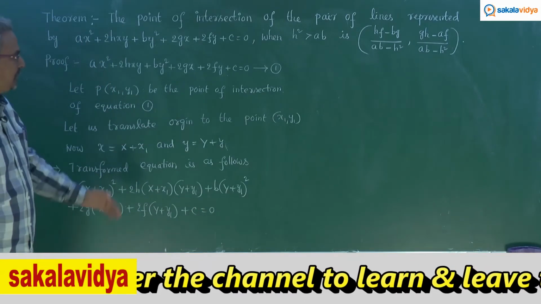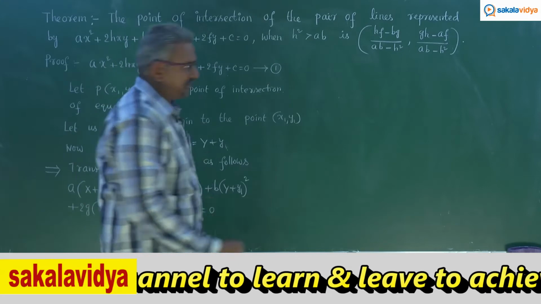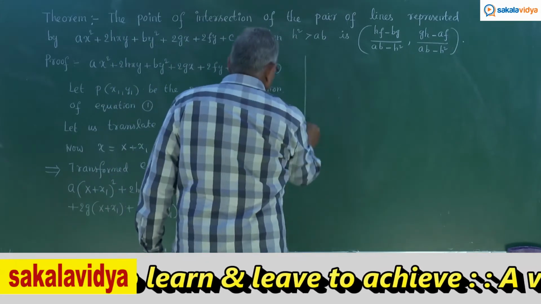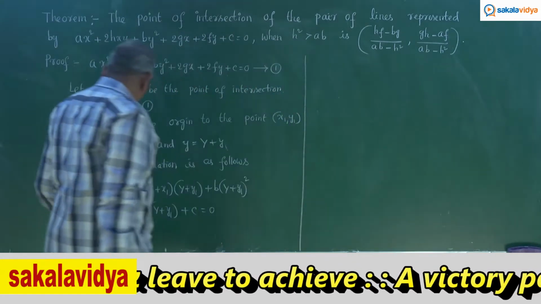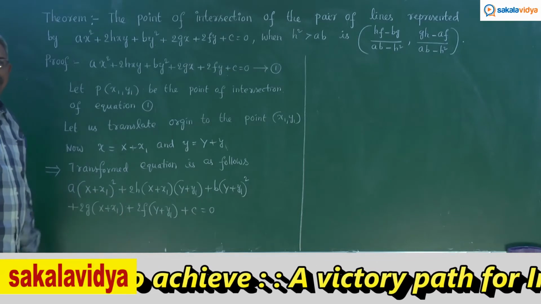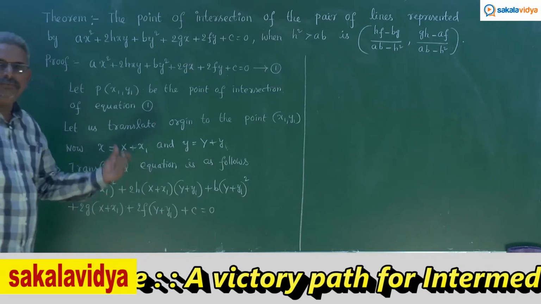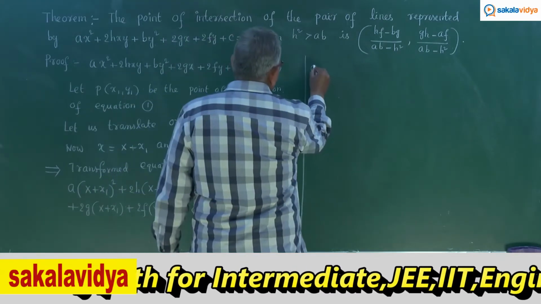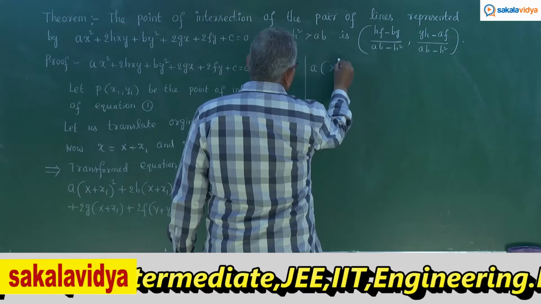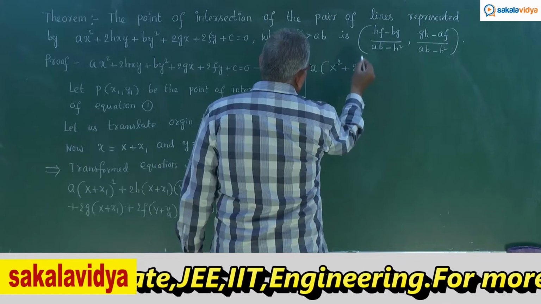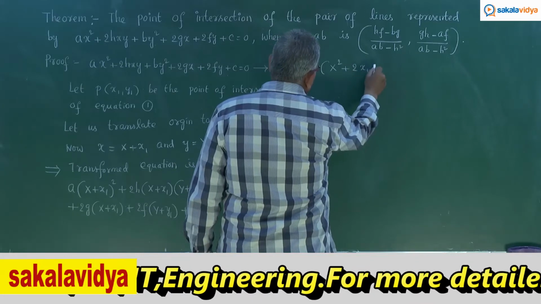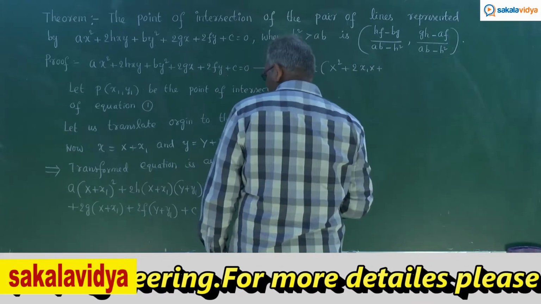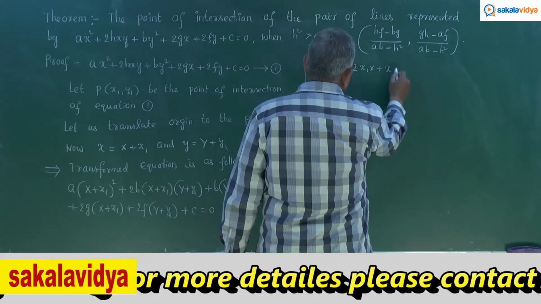Now we need to simplify this, so let us simplify it. This is in the a plus b whole square form, so we can apply a square plus 2ab plus b square. So a times capital X square plus 2 x1 into capital X plus x1 square.